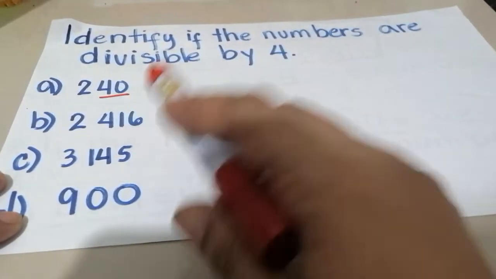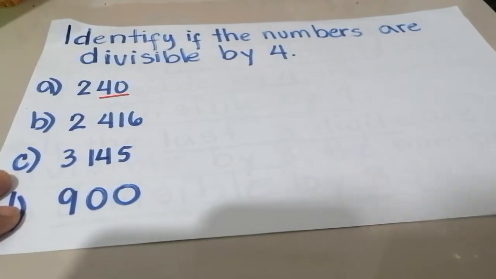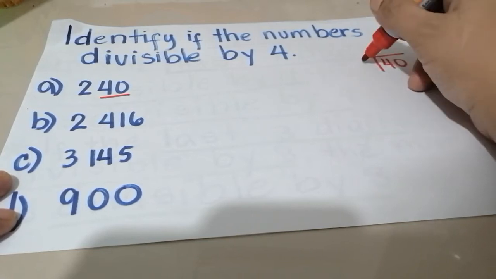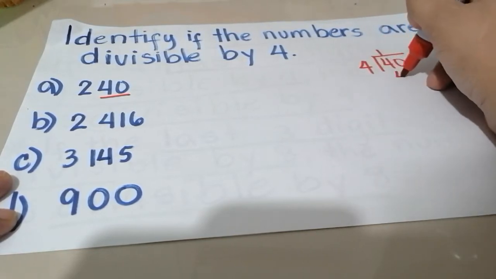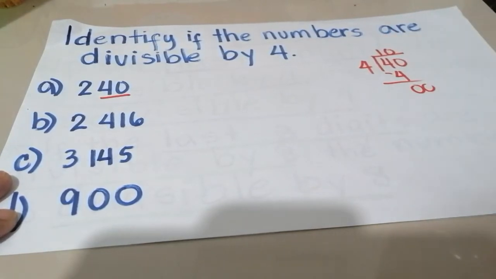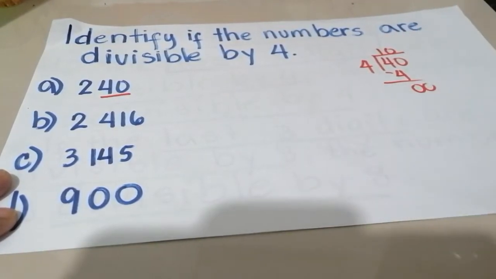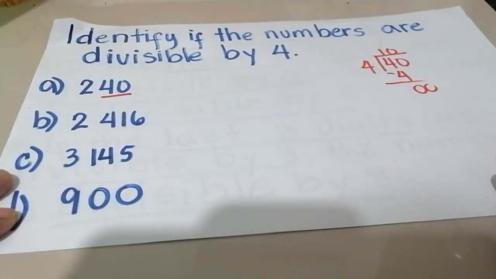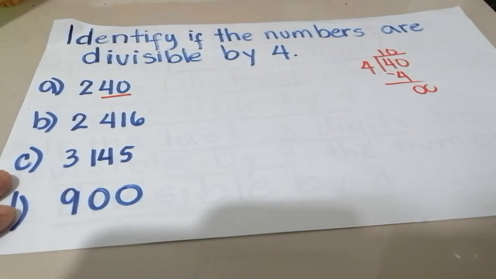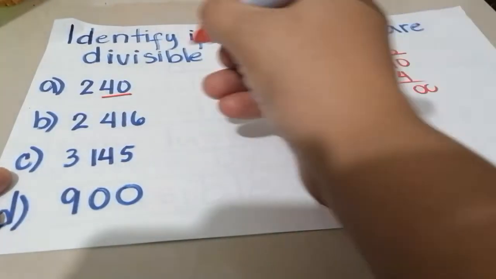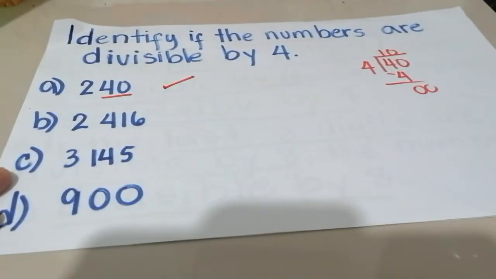You're going to divide it. So 40 divided by 4 is 10. Or 4 times 10 gives you 40. At dahil 40 is a multiple of 4 or divisible by 4, then we say that 240 is divisible by 4.